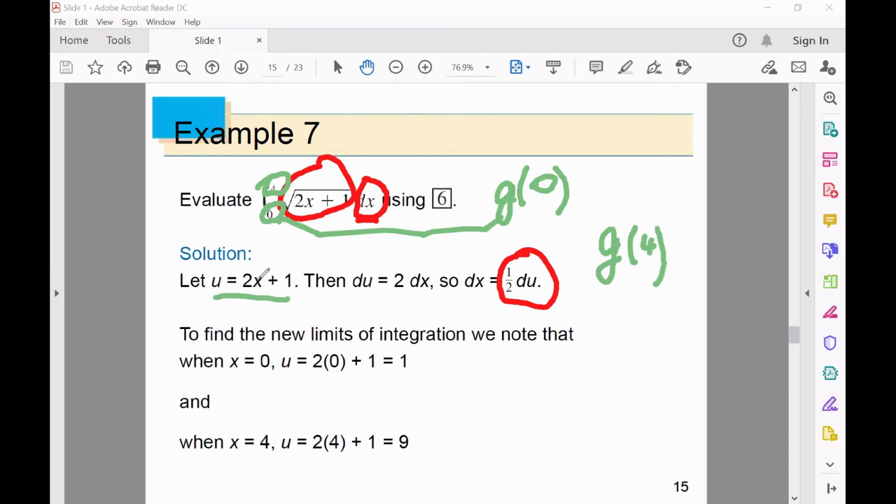When we substitute X with zero here, it becomes 1, and when we substitute X with four it becomes 9. Okay, then G of 0 equals 1 and G of 4 equals 9.